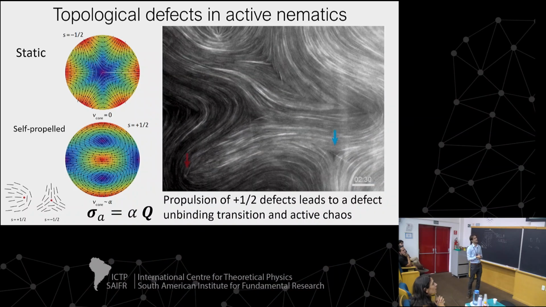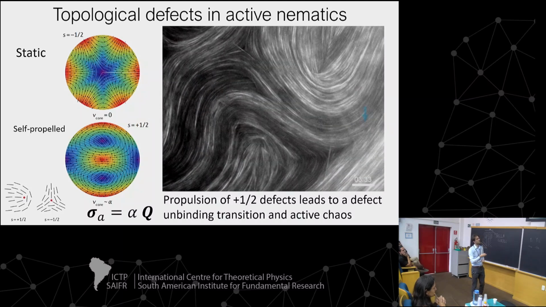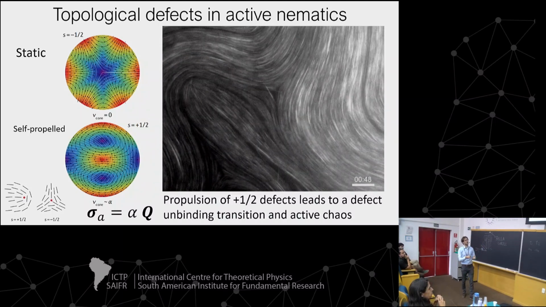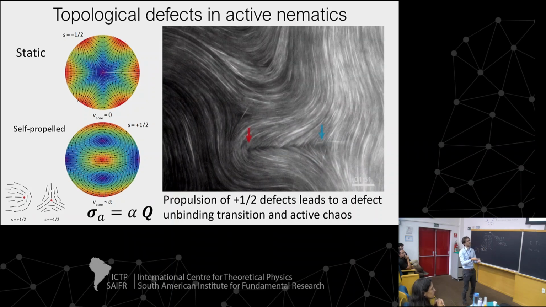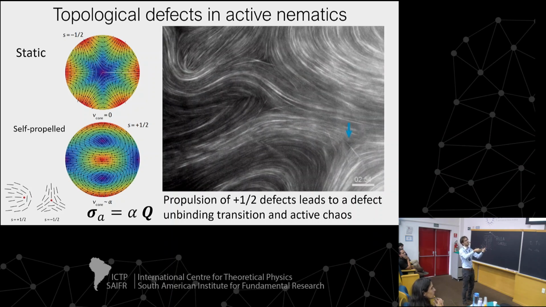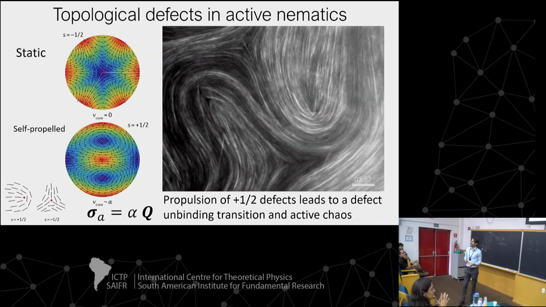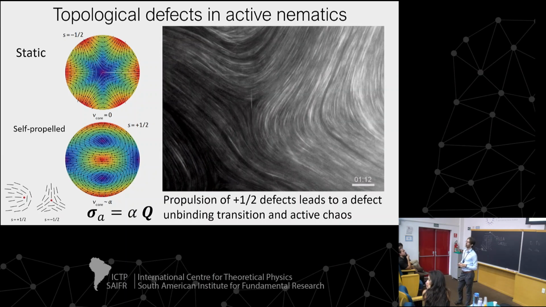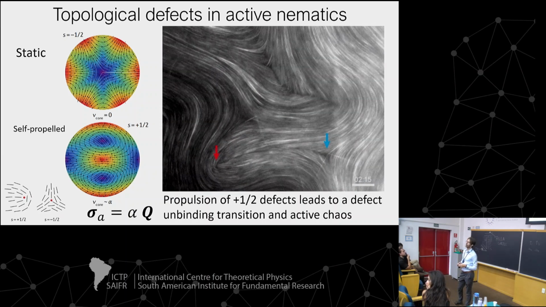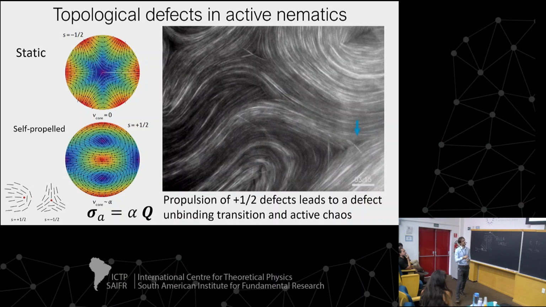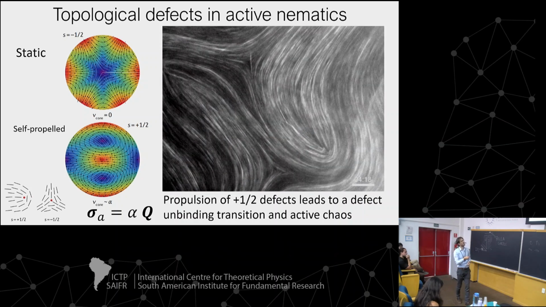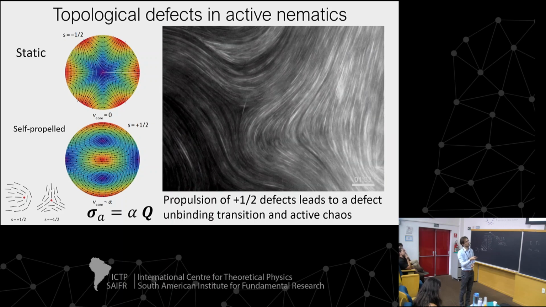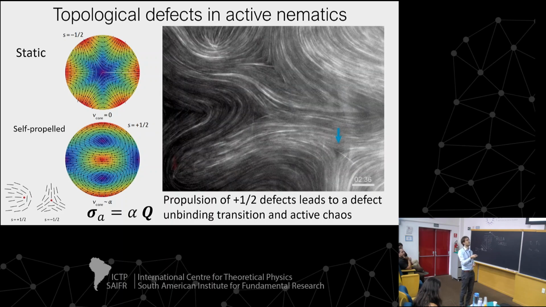But in other cases, you can have purely passive generation of defects, or defects that happen to be there being pushed around by activity. So the activity generates the topological defects, but can it erase them too? In a sense, it can. When two defects appear, they fly apart.